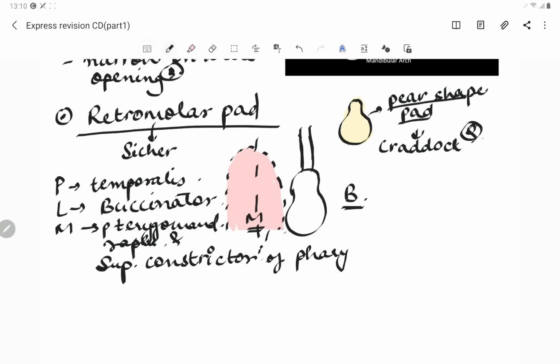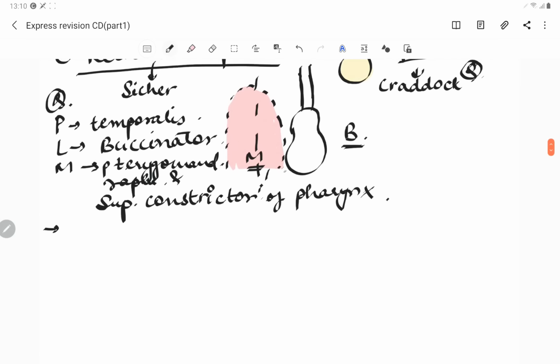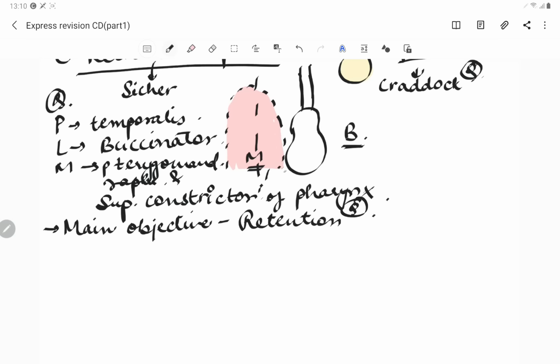So the muscle attachment is again a very important question, and another one is that the main objective of the retromolar pad is retention. So retromolar pad helps in the retention of the mandibular denture. This is again one of the questions that can be asked, right.